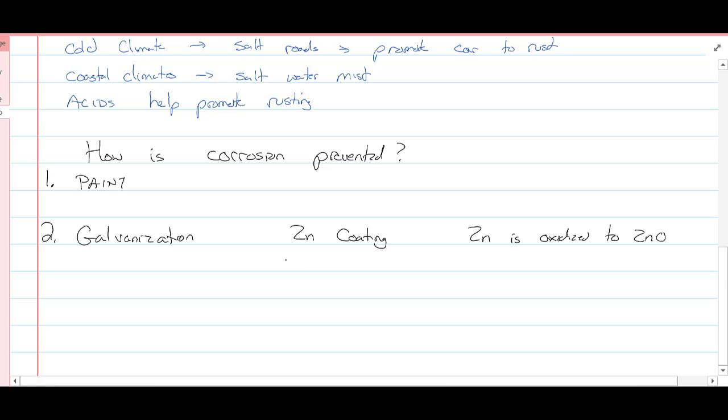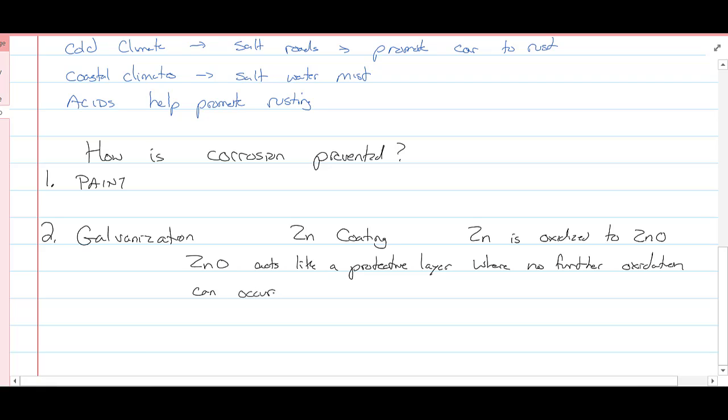Here's the thing though. Zinc oxide acts like a protective layer where no further oxidation can occur.